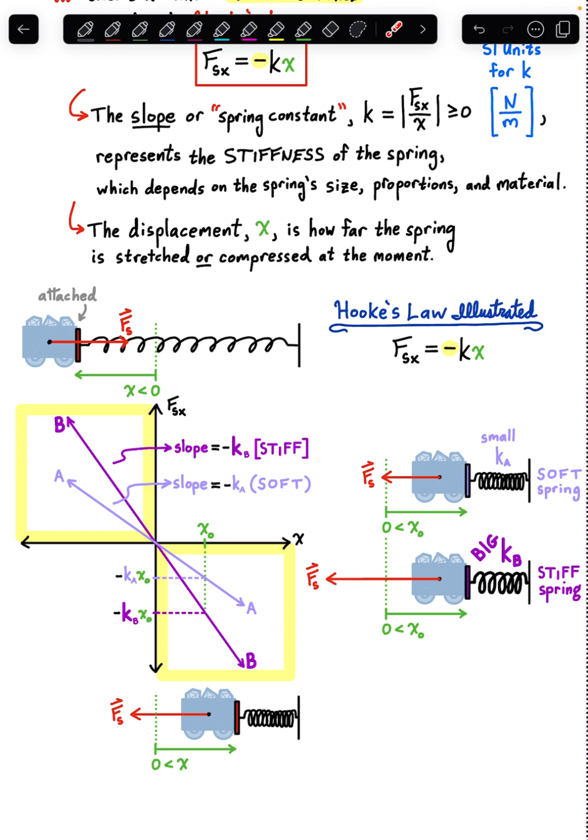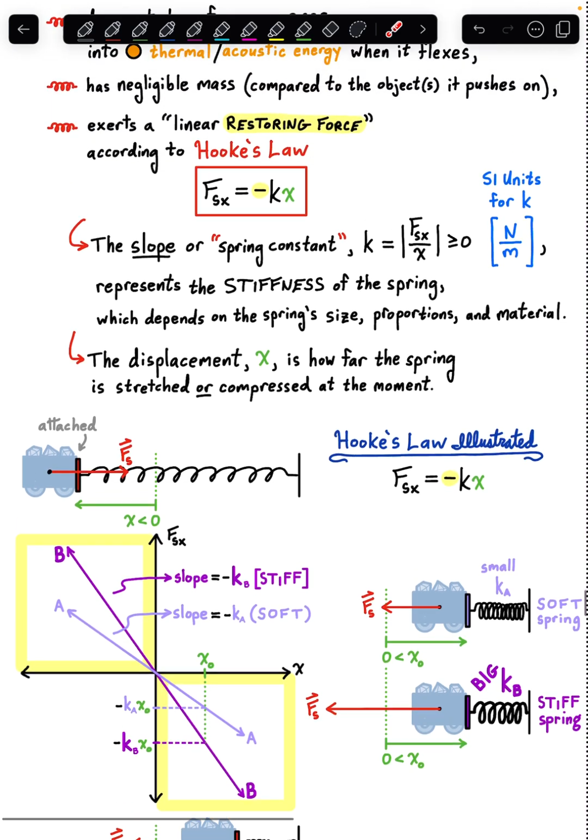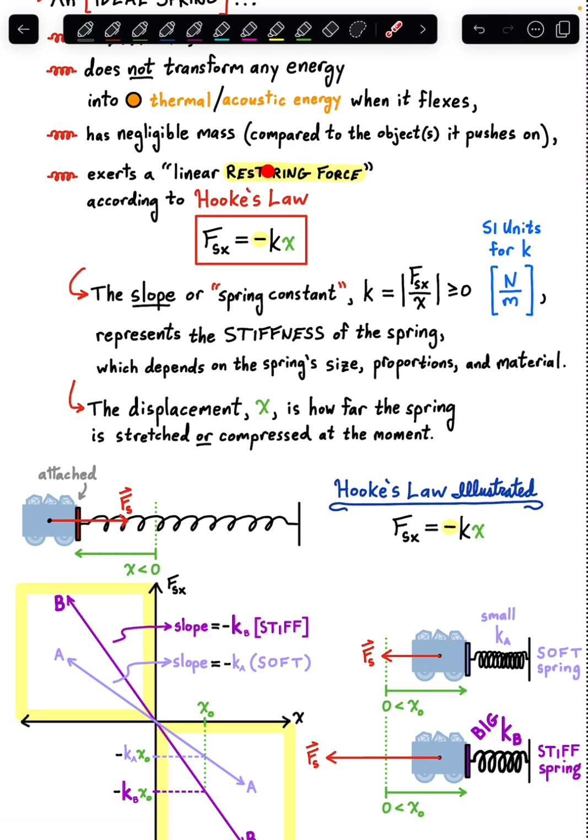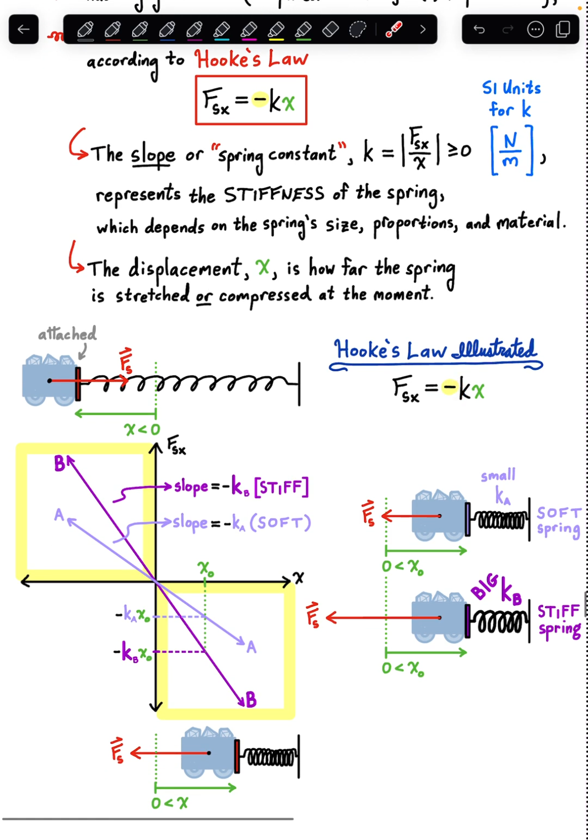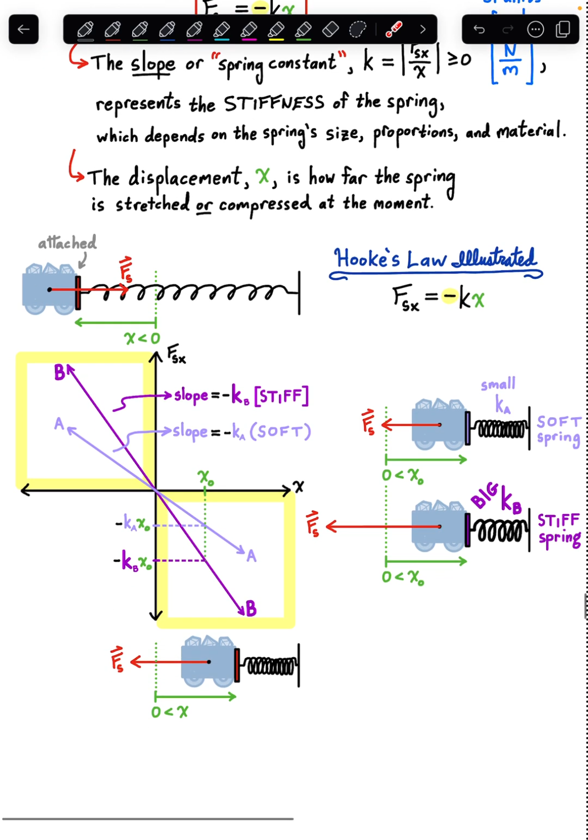The other feature I want to show here has to do with that restoring force idea and this minus sign that shows up in Hooke's law, shown here again. This lower quadrant of the graph represents when the displacement is a positive number. So this little picture goes along with this quadrant.